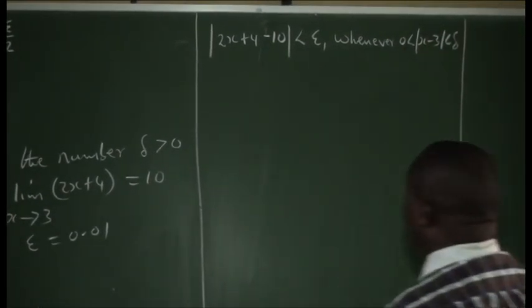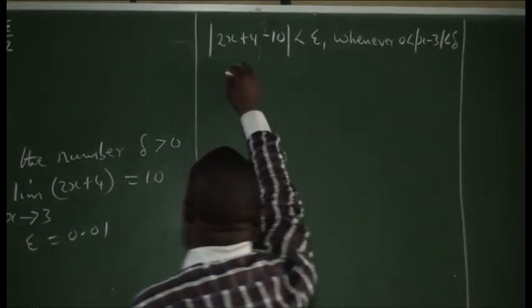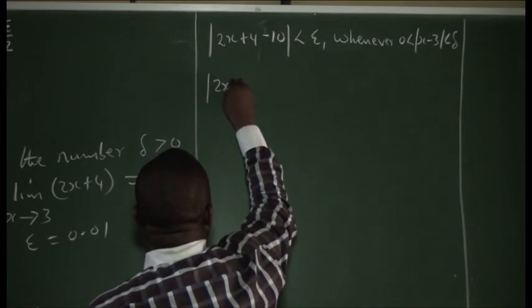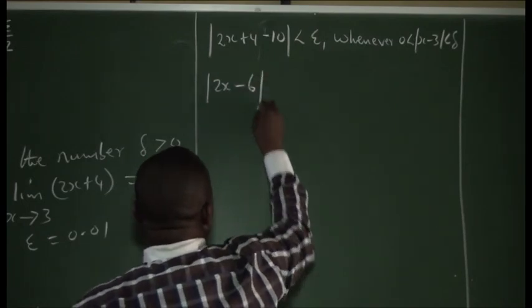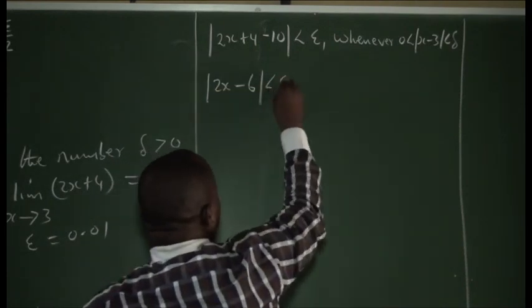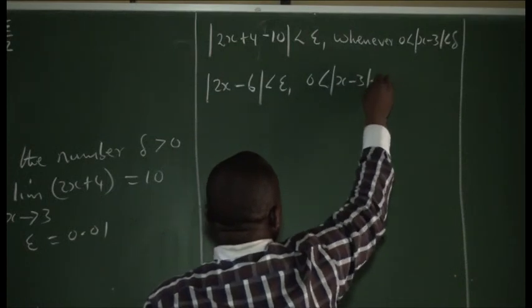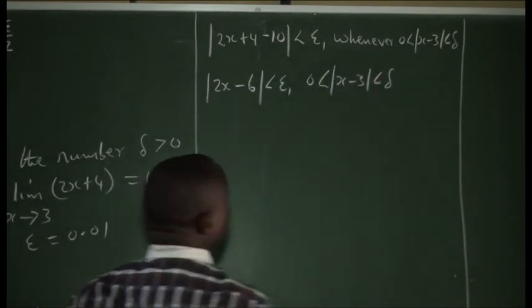See that? So here you then see that this will give us |2x minus 6|, because 4 minus 10 is minus 6, is less than epsilon whenever 0 is less than |x minus 3| and less than delta.